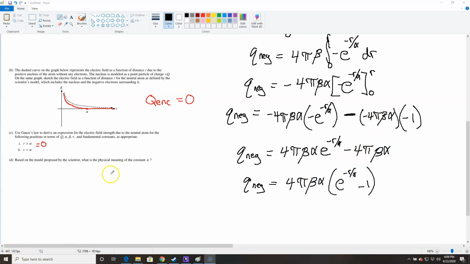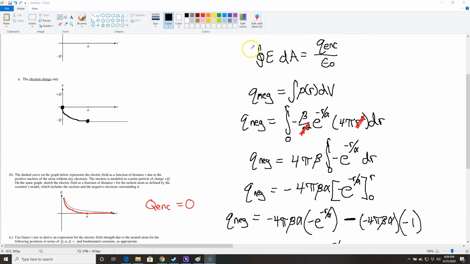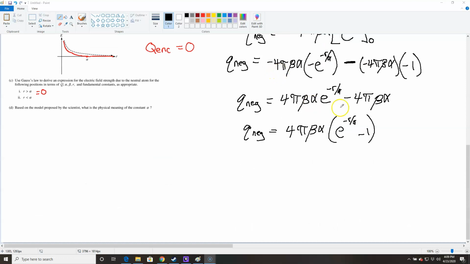so we're almost there. We need to go back to Gauss's law right here. We have the Q enclosed, and we have the negative Q enclosed. That's an important thing to remember as I finish off this problem. So EA equals Q enclosed over epsilon naught.